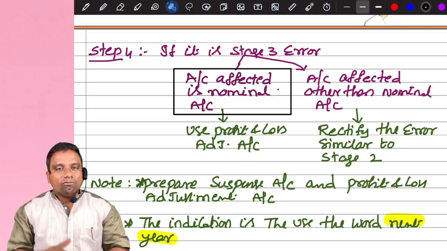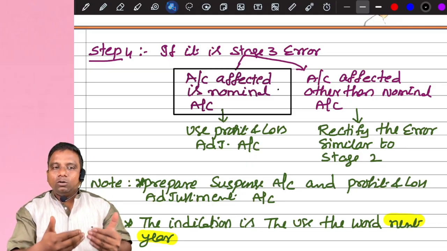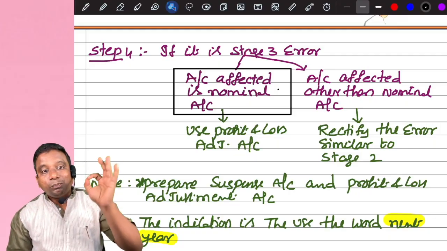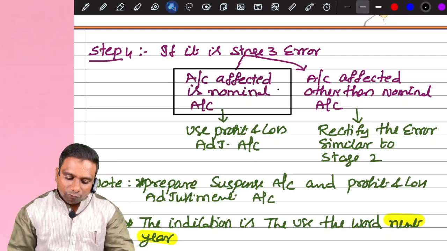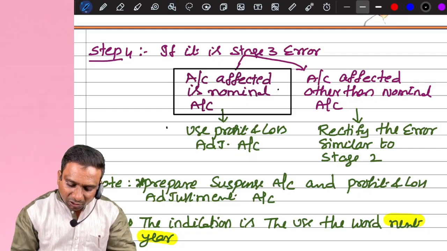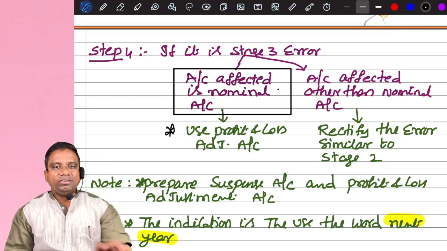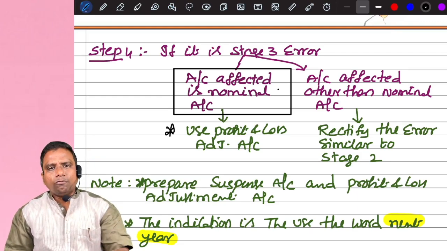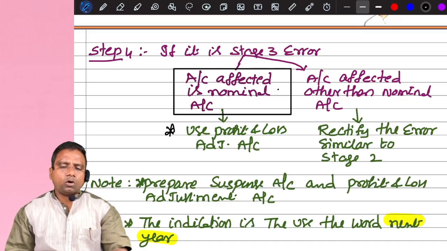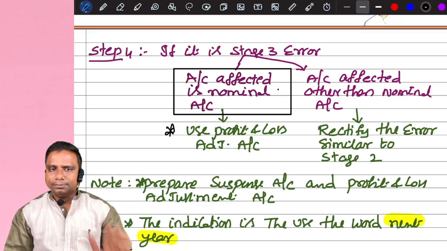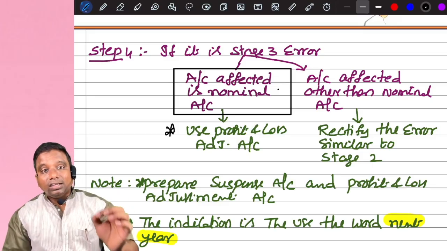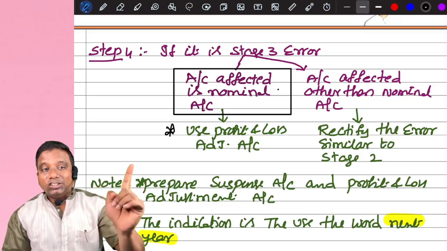That's why whenever any nominal account is affected, in the place of the nominal account we use one important account, that is profit and loss adjustment account or profit and loss suspense account. We open the profit and loss adjustment account when the affected account is a nominal account.